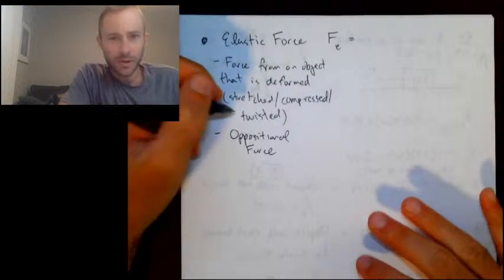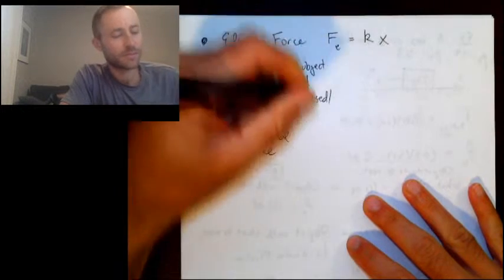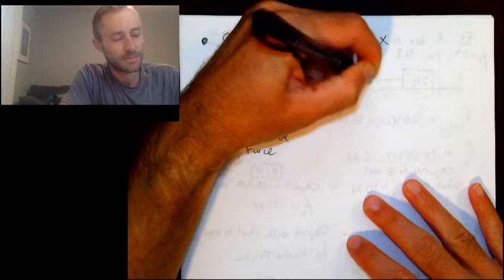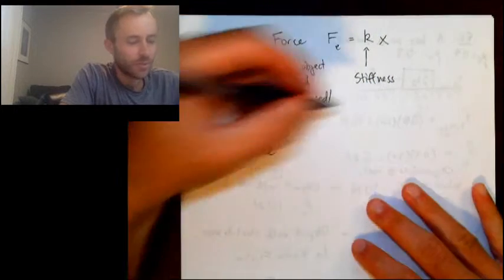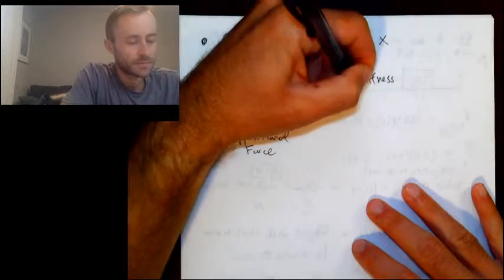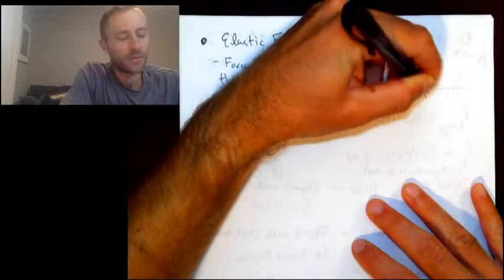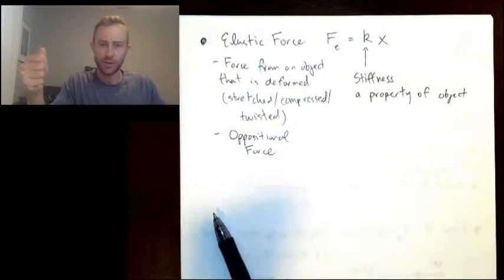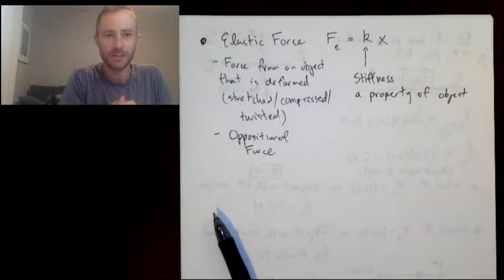So the formula for the elastic force is F = kx, where k is called the stiffness, and it is a property of the object. It's a property of the thing that is being stretched. Different springs have different stiffnesses. Different rubber bands have different stiffnesses.